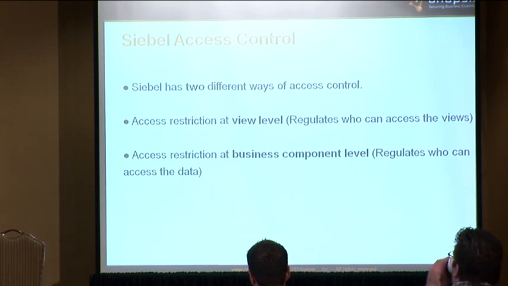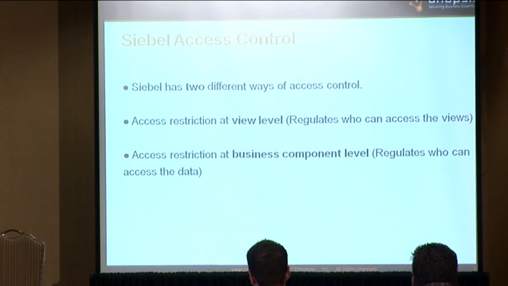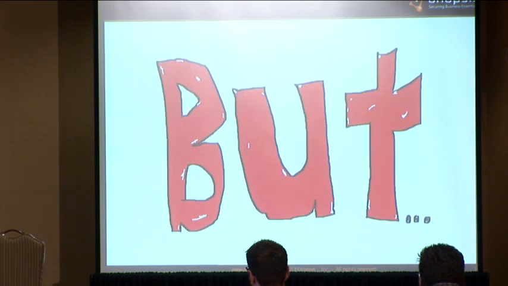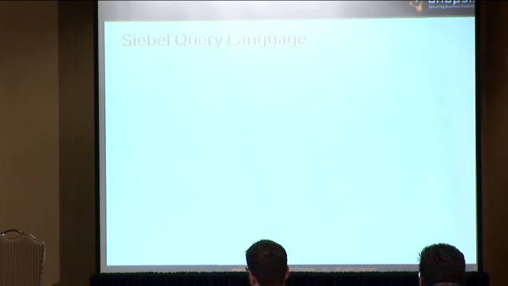From this layer, you can restrict who is going to access that particular data. All the business components have fields, and all those fields are mapped to a row in the database. Why are those mechanisms in place? They are here to prevent unauthorized access to data and to allow access to certain users that really need to access that data.